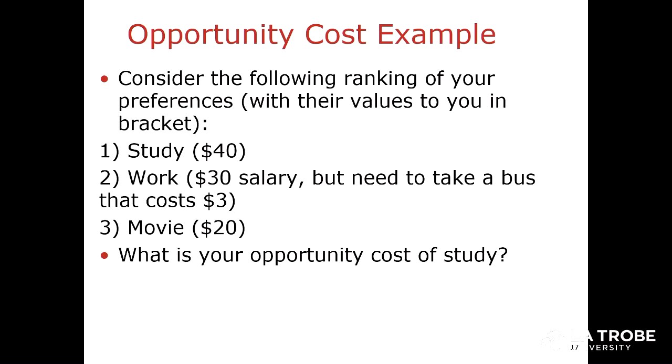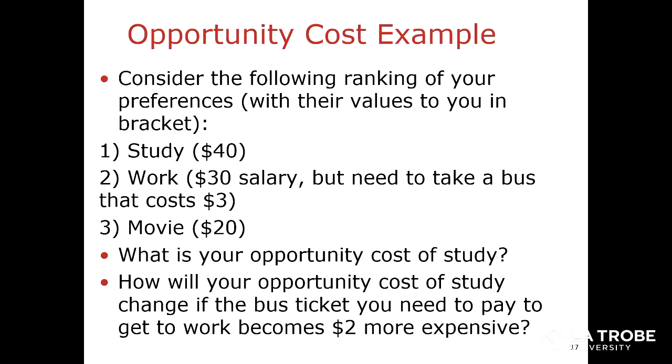Okay? The thing is that your opportunity cost may be impacted by different things. So if tomorrow the cost of transport is increasing, your opportunity cost will fall. So anything that reduces the attractiveness of your second best option will reduce your psychological price of giving up.